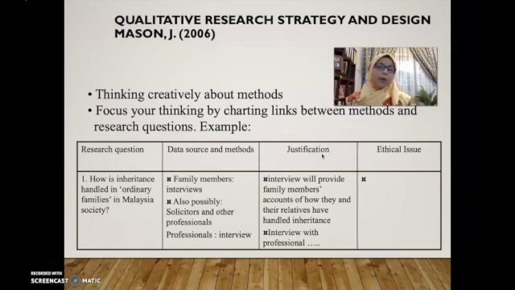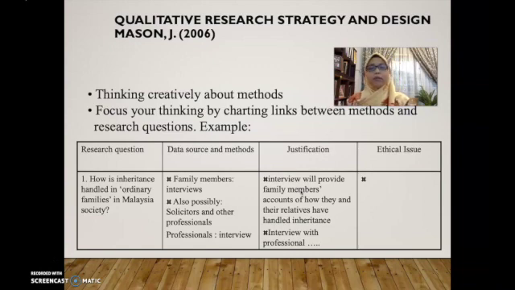Because whatever decision that we make in terms of the data source and method, we must justify carefully why did we choose the sample and why did we choose the method used in the qualitative research study. So in this case, the method that we use is interview. So the justification for using interview is because interview will provide family members' accounts of how they and their relatives have handled inheritance.